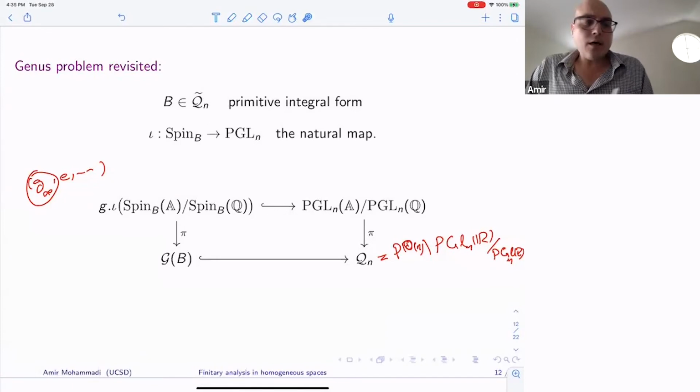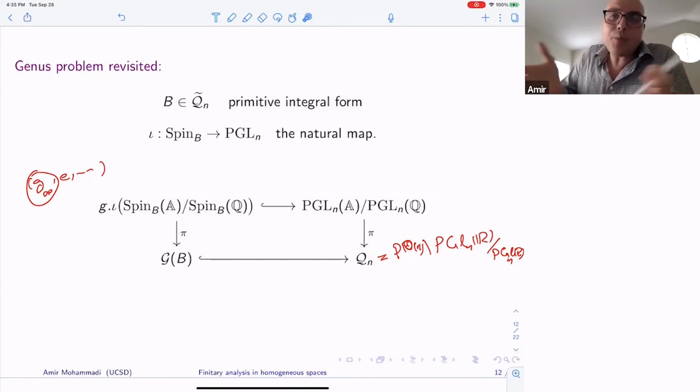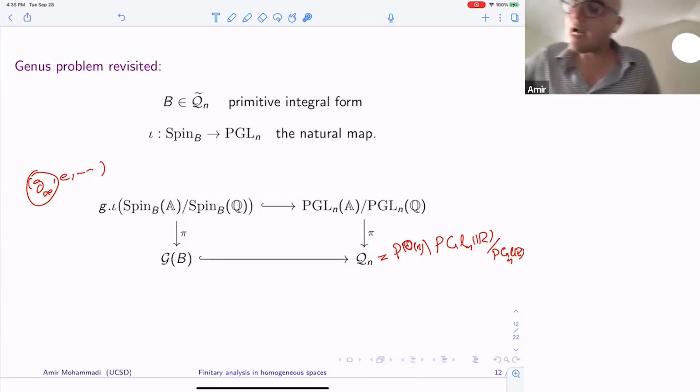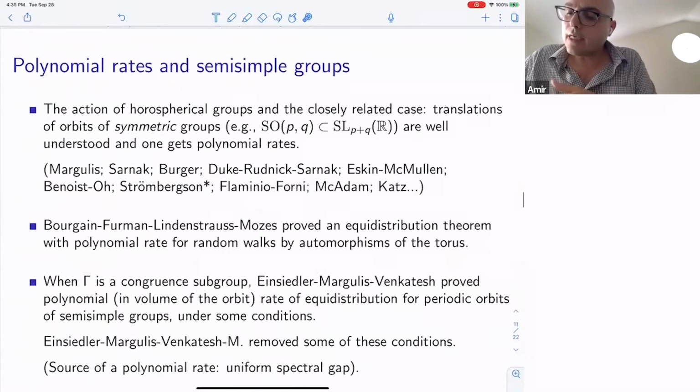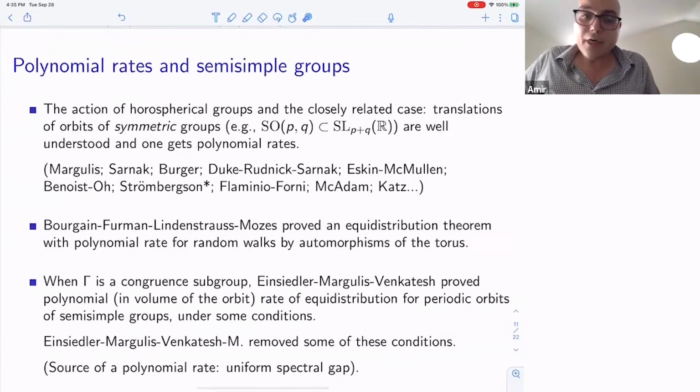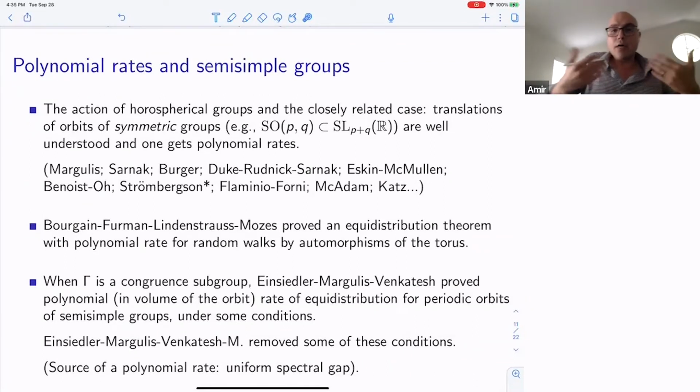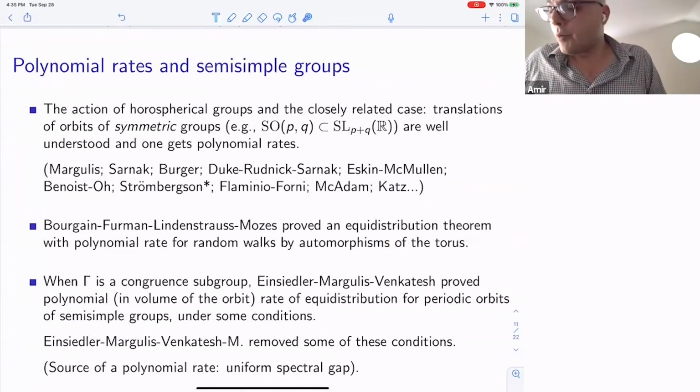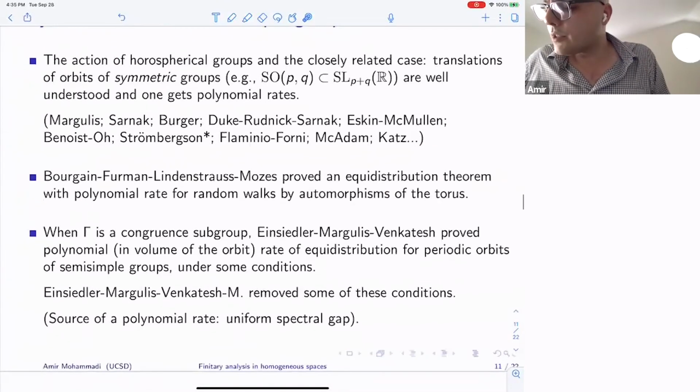So like I said, up to less than a year ago, this was basically the story. There are some somewhat weak bounds for the general problem. And if you have the settings that either you have a horosphere or you have a periodic orbit, then there are inputs you can use to get polynomially good bounds.